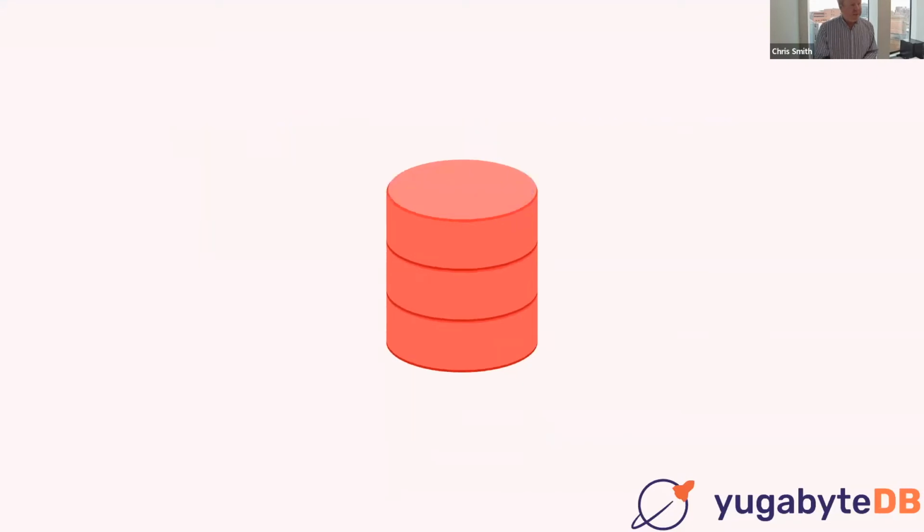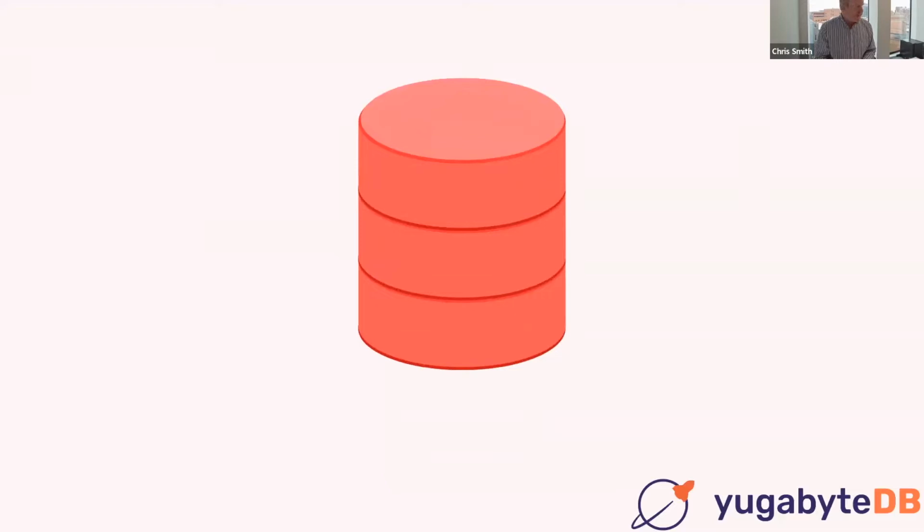That monolithic database sitting in the background, if you want to scale it up, if you've got increased workload, then you need to vertically scale the database. There's no ability to horizontally scale in any way.